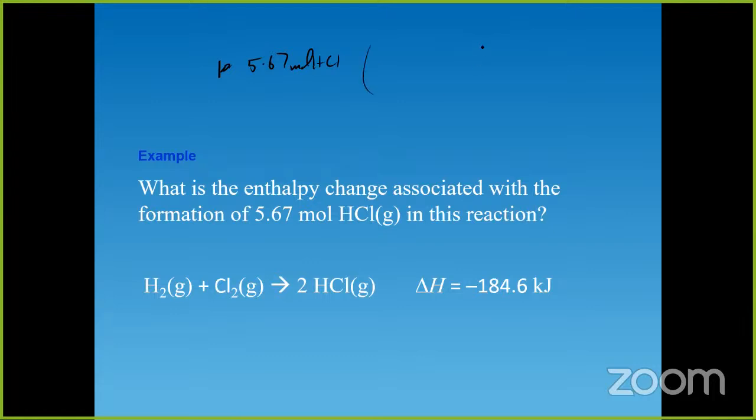And then the conversion factor that we use here is that I'm going to put 2 moles of HCl down here. And up here, I'm going to put minus 184.6 kilojoules. And then you do that. Again, I need your help. Can somebody work this out? And round off your answer to 3 sig figs.